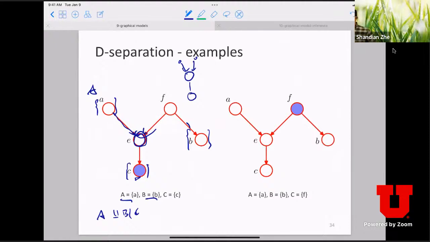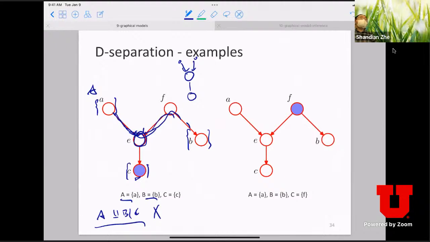That means F does not block the path either. Then there aren't any other intermediate nodes on this path. So basically this path is not blocked by any node, which means this conclusion does not hold.